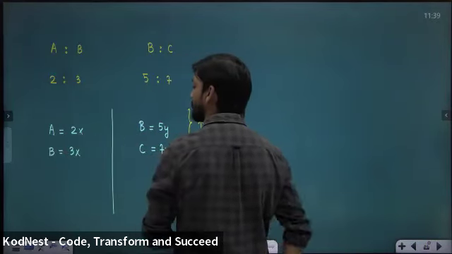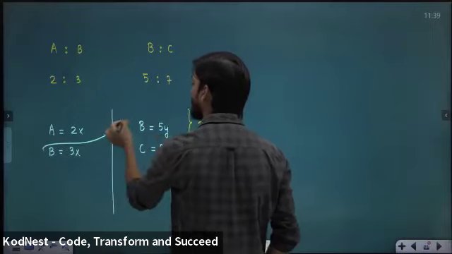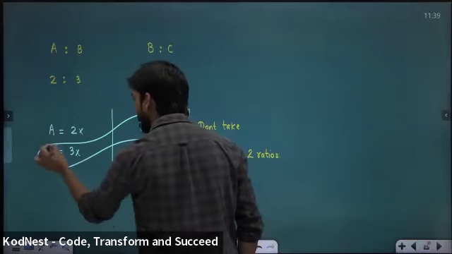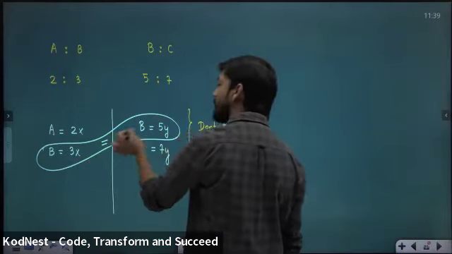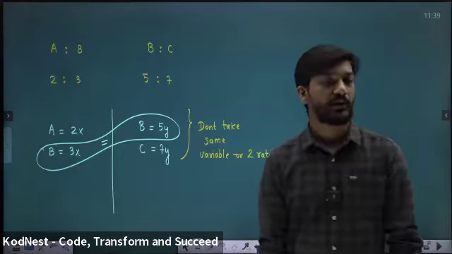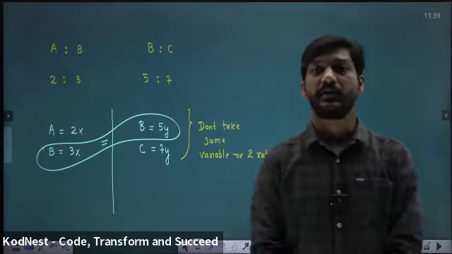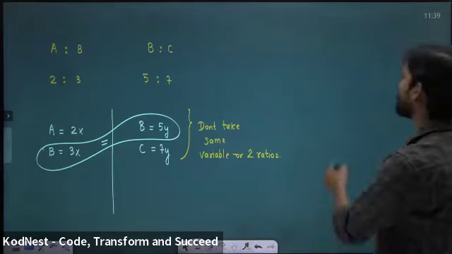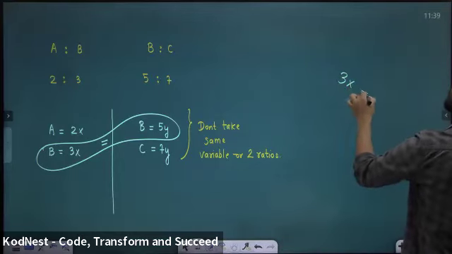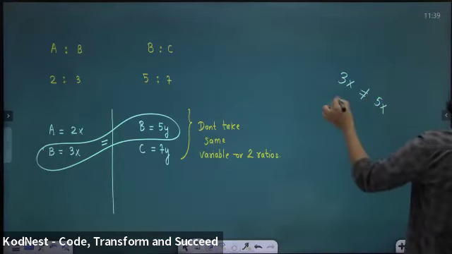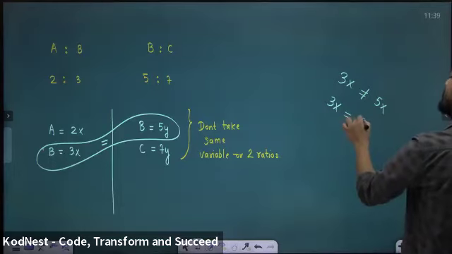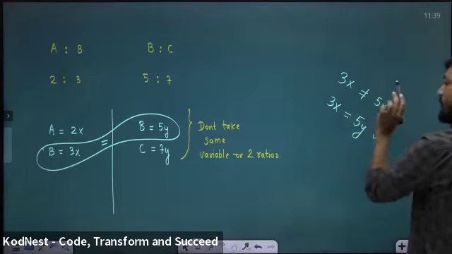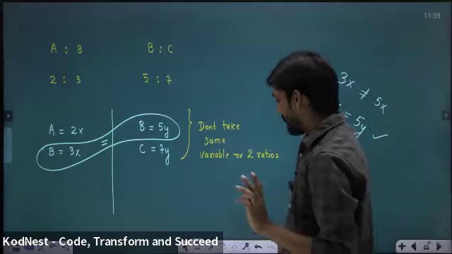No. My dear, 3x and 5x will be different, but 3x and 5y can be equal. So don't say they are different. They can be equal now. Previously, it was not possible. 3x can never be equal to 5x, but 3x equal to 5y is possible. So this is correct.